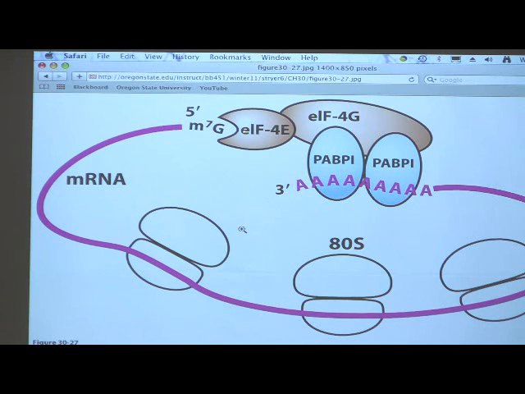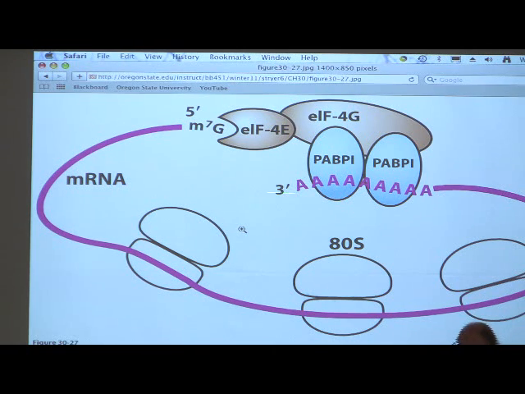You can see a eukaryotic initiation factor, 4E, and again, don't worry, we're not going to worry about names here, that is attached to the cap, and it is attracted to a couple of other proteins, EIF4G and this polyA binding protein complex.